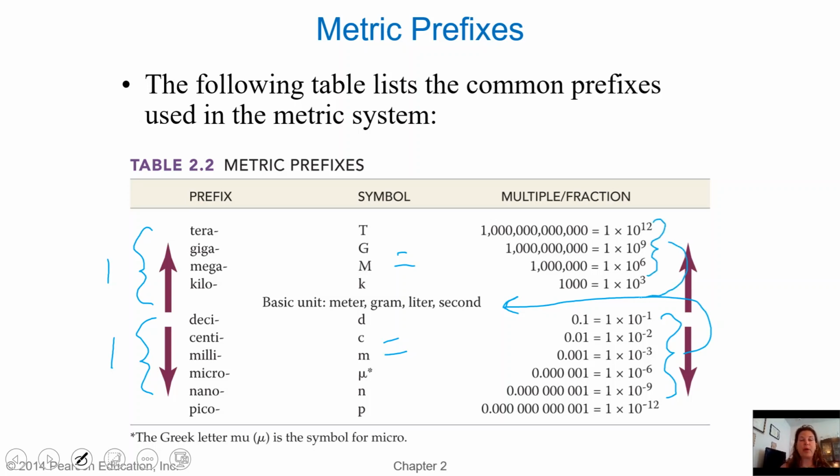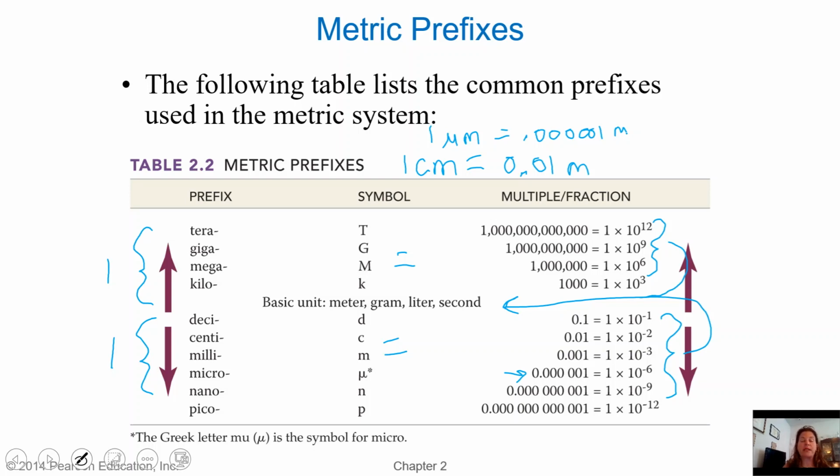So for example, I might say 1 centimeter is equal to 0.01 meters. Okay, I might say 1 micrometer is equal to 0.000001 meter. Okay, so that's how I read this table.